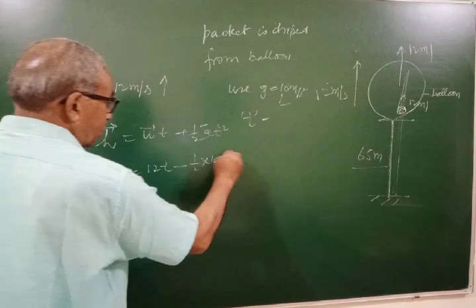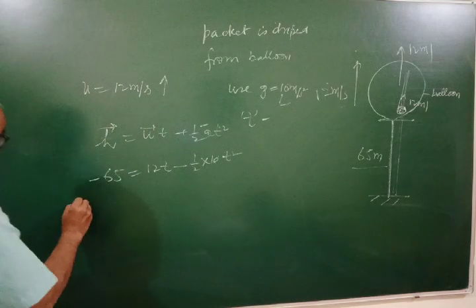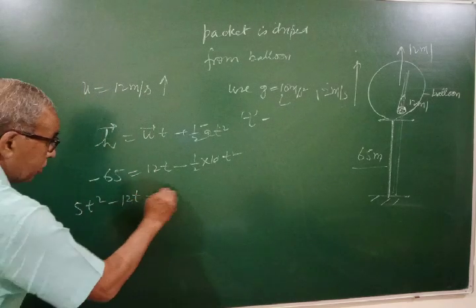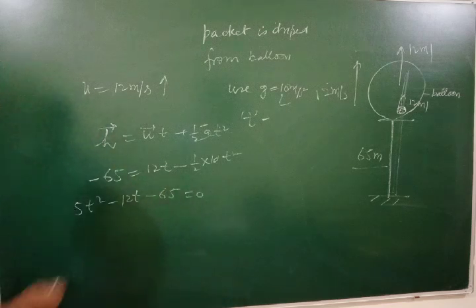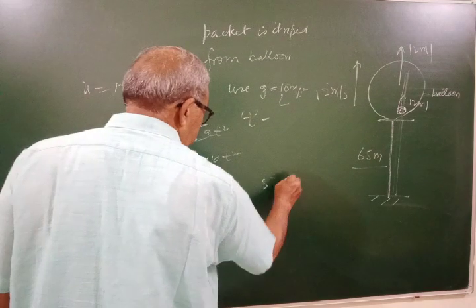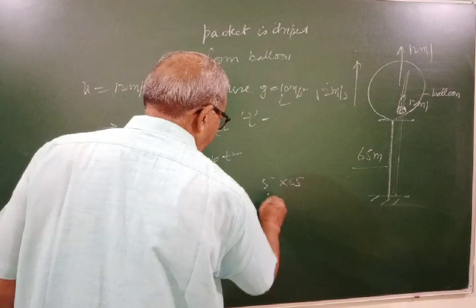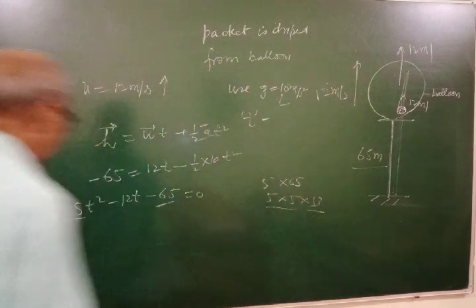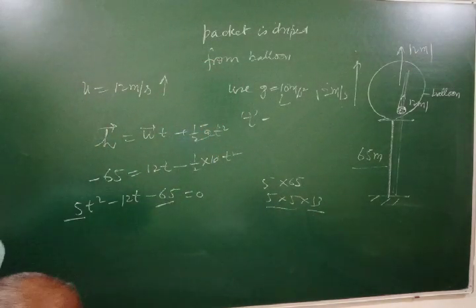downward, t square. So this equation becomes 5t square minus 12t minus 65 equal to 0. To factor, 5 into 65 is 5 into 5 into 13, so 25 and 13 are the factors.